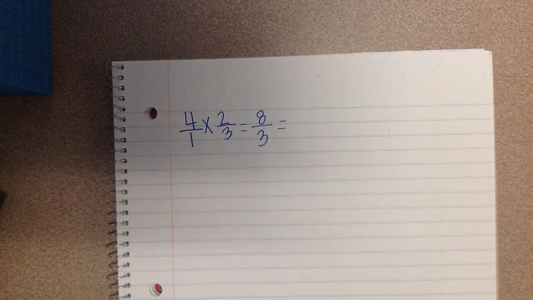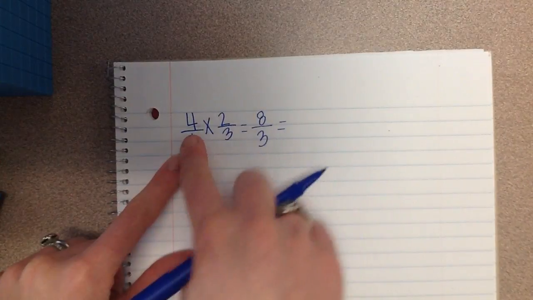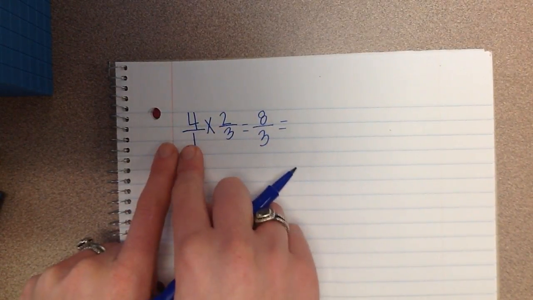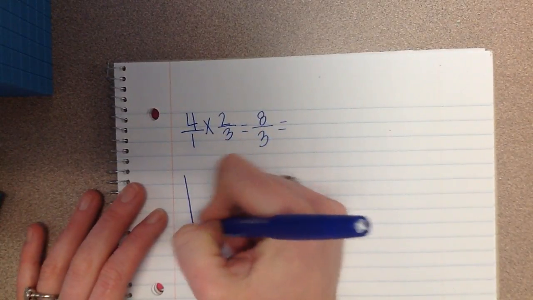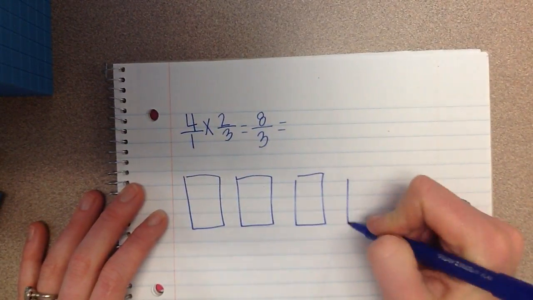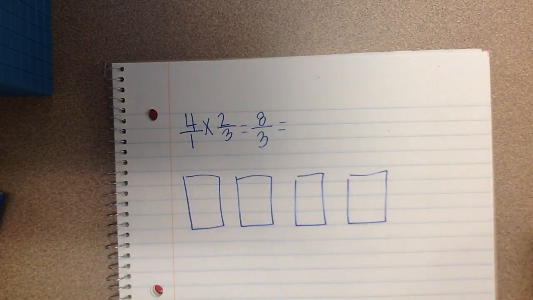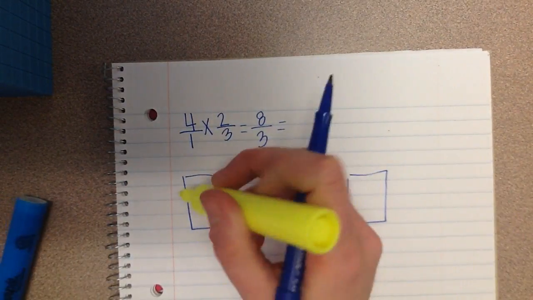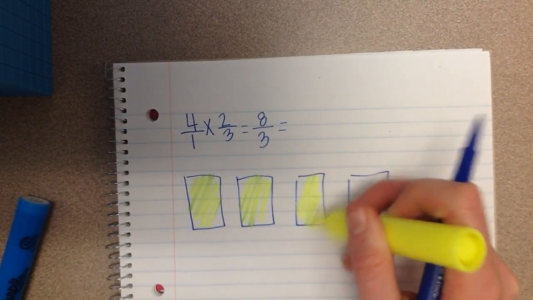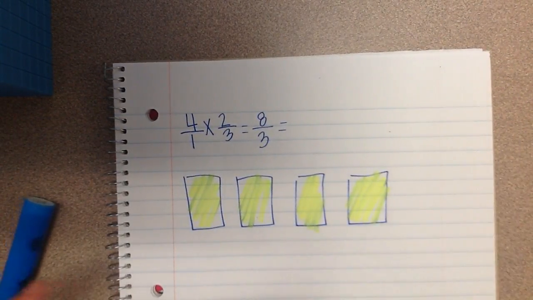But it is super important that you know here in this problem, what we're asking for is 2/3 of the 4. So say you have $4.